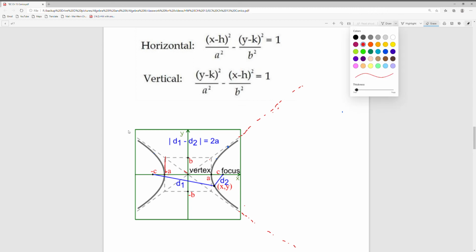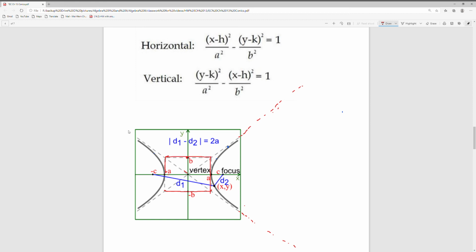Now, how do you graph? First, you find A and B, and make a rectangle. You started the line. Okay, you can see on the screen the line is already started, but I make it solid to make sure you can see better.